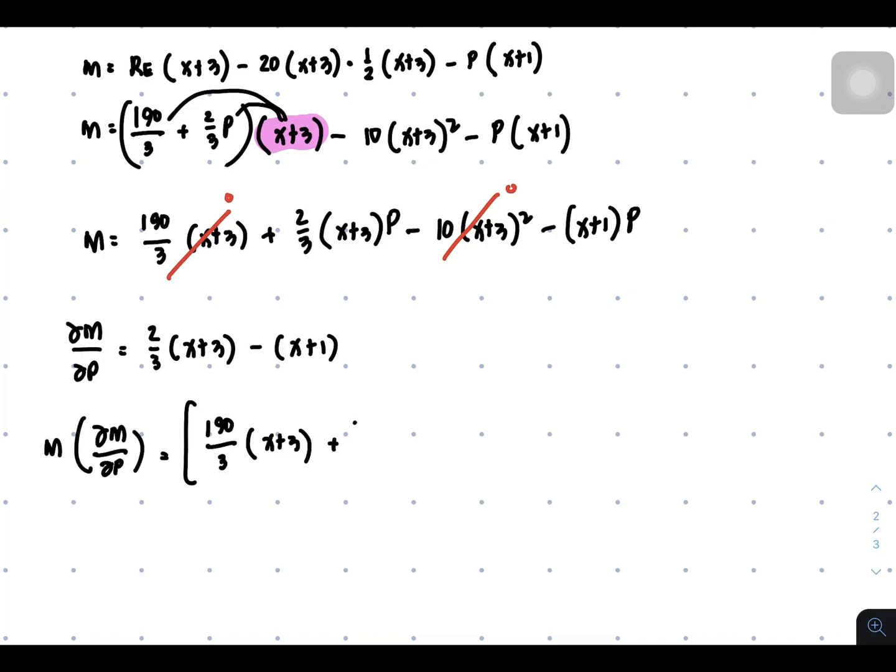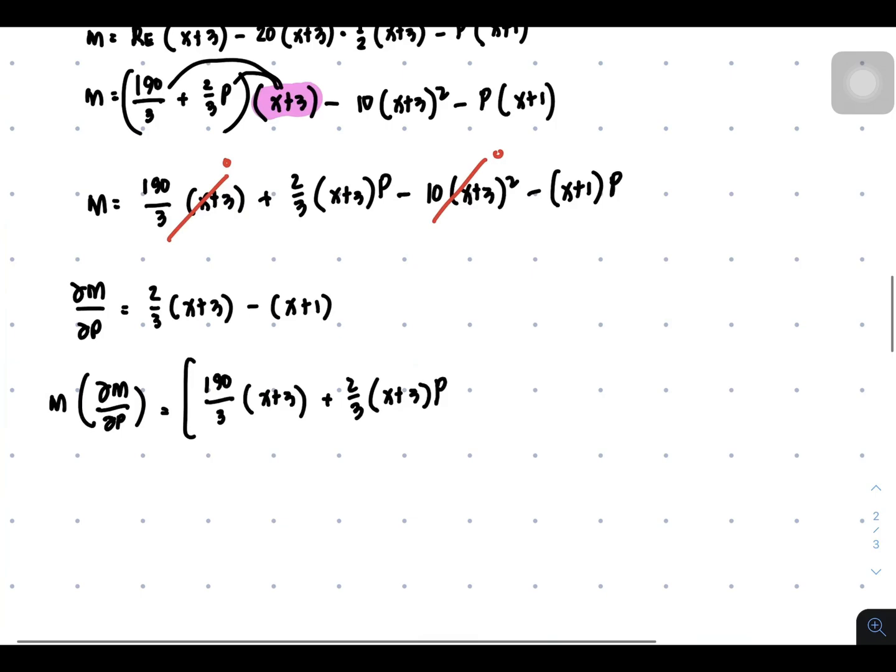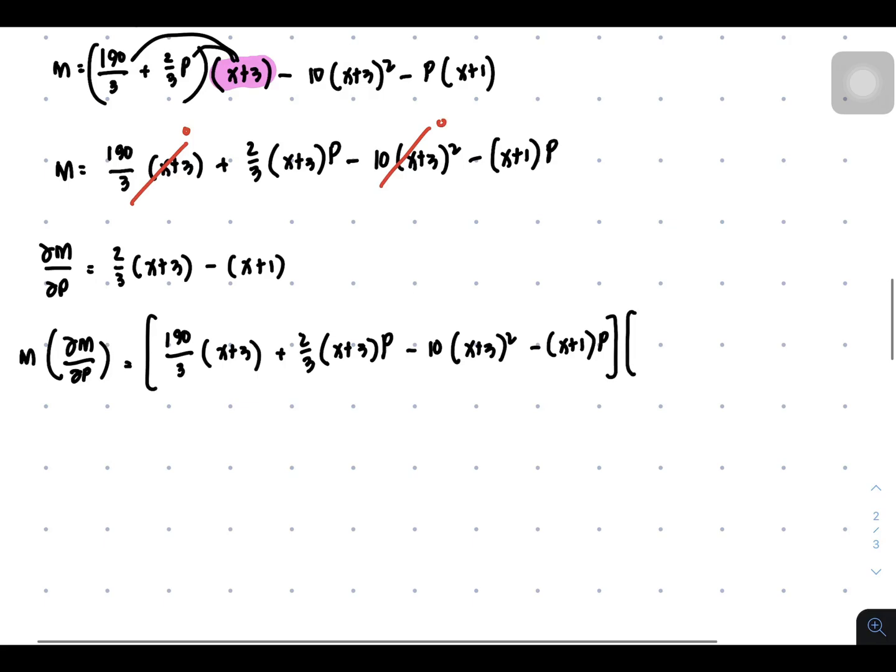And then plus 2 over 3 times x plus 3 P minus 10 times x plus 3 squared minus x plus 1 P, to be multiplied by the term 2/3 of x plus 3 minus x plus 1. And this time we are now going to set the term with P to 0 permanently. So this term has P, so it is 0, also that 0.